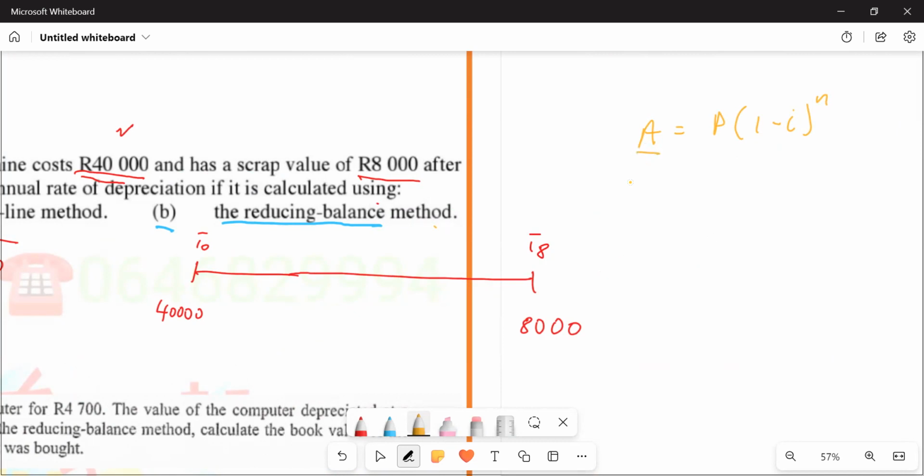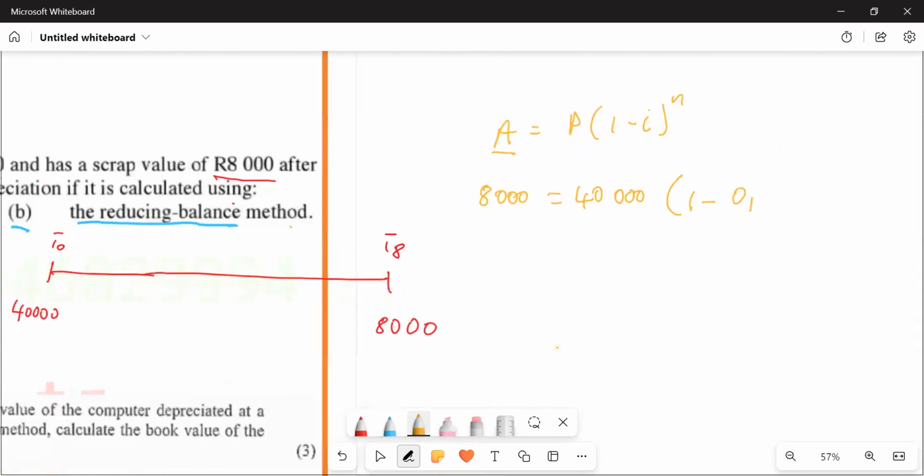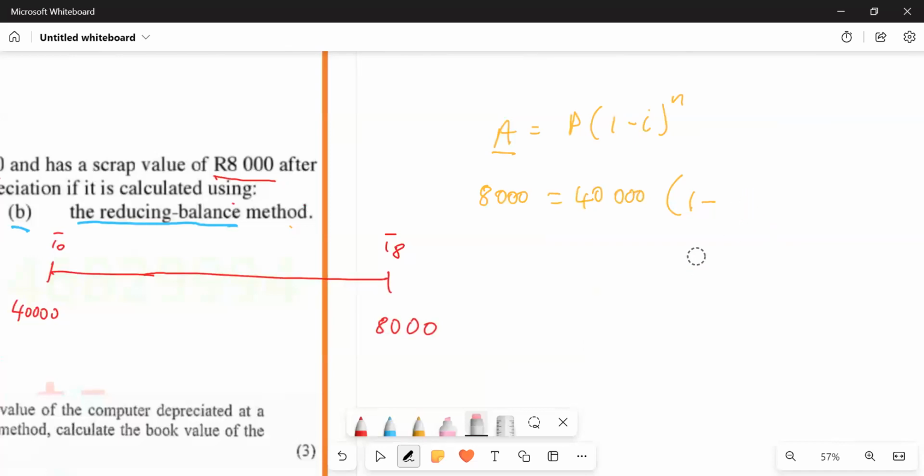Okay, what is our A? 8,000, which is going to be equal to 40,000 times (1 minus i), we don't know what i is, so we simply put it as i, to the power of n, to the power of 8.